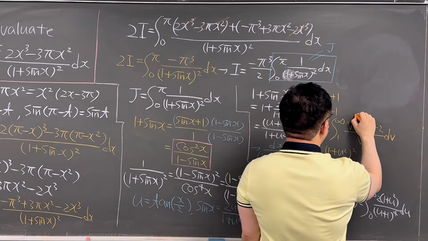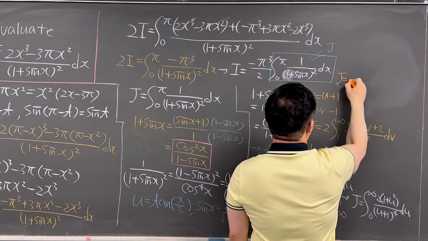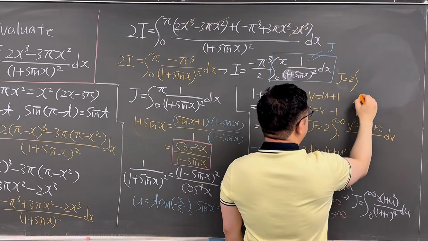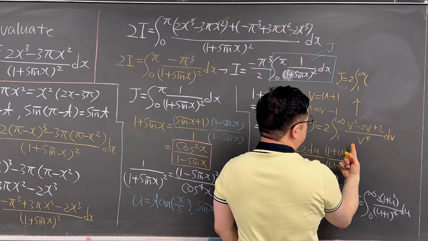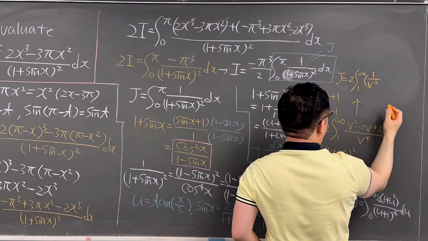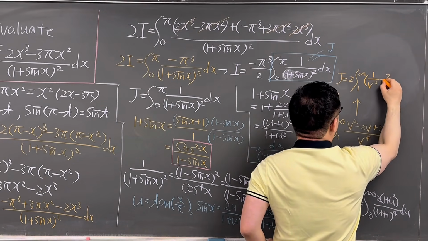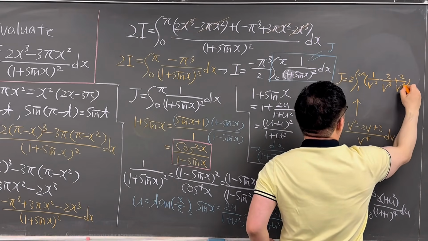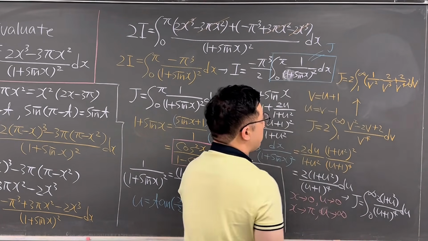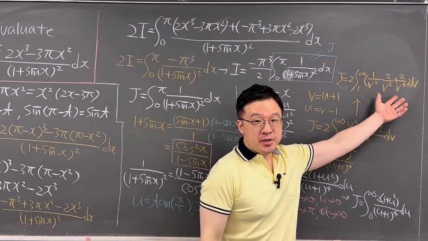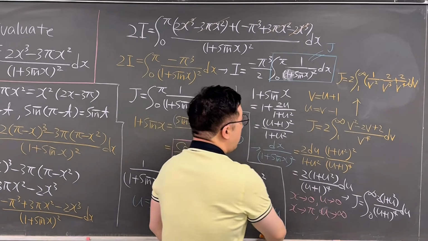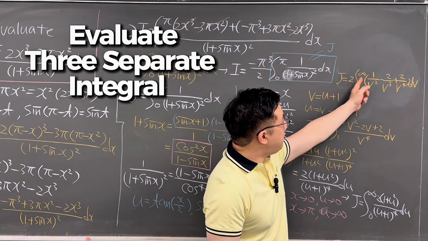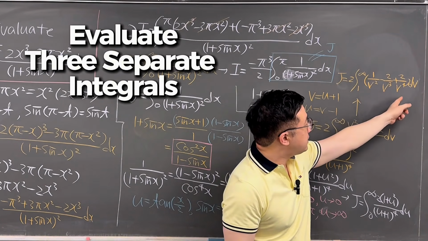So we can rewrite this integral J as 2 times the integral from 1 to infinity of 1 over v squared minus 2 over v cubed plus 2 over v to the power of 4, and then dv. So we can evaluate these three separate integrals. For example, the integral from 1 to infinity of 1 over v squared dv is equal to 1.